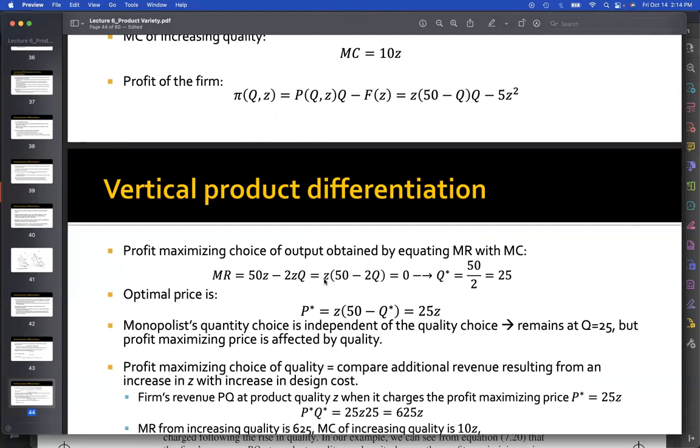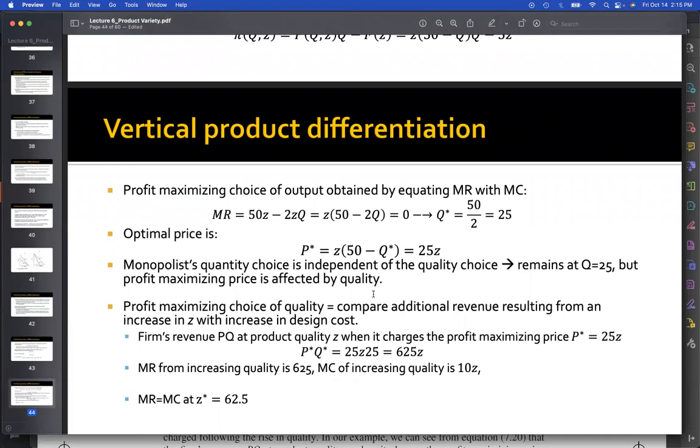Notice that Q is not a function of Z, because your marginal revenue will rise and fall based on Z, but ultimately, it's 50 minus 2Q. And as long as this is 0, your marginal revenue is 0. Okay. The optimal price is the following, which is a function of Z. That's inescapable.